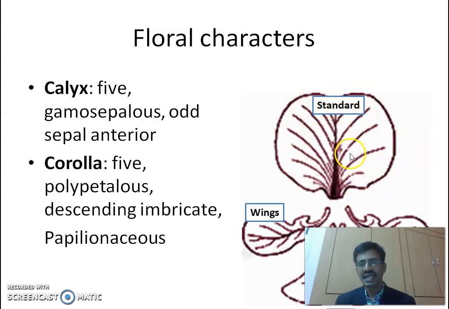And below the standard petal, we can find two wing petals, and below there are two keel petals which are fused. So this kind of corolla is called as papilionaceous corolla, and it shows the descending imbricate aestivation.